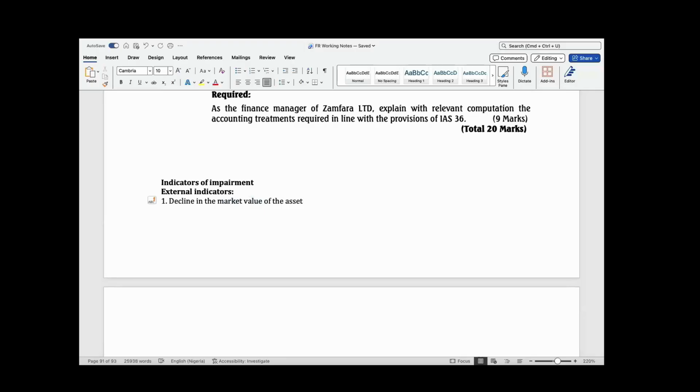then it is an indicator that this asset might have been impaired. Or where there are changes in the economic, technological, market or legal environment in which the asset is located. That's also an external indicator.